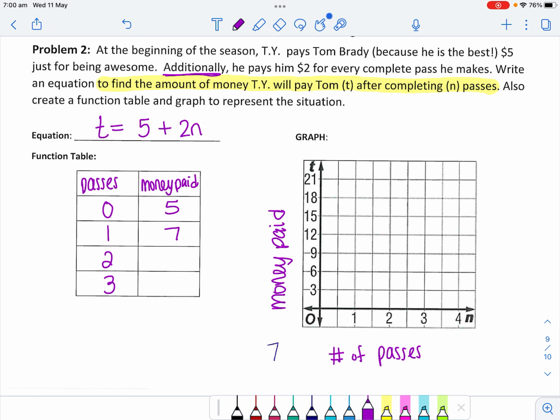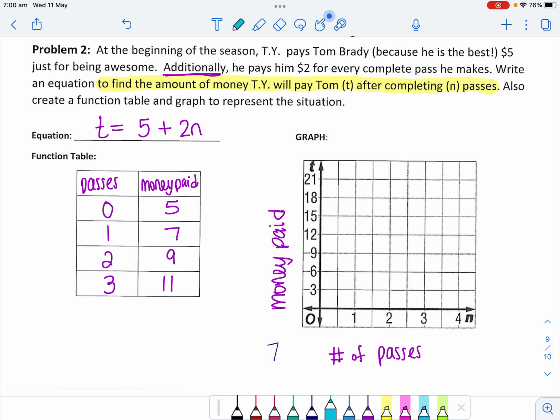If he completes 2 passes, he's going to make $5 plus $4 for his complete passes. And then for 3 passes, he's going to make $5 plus $6 for those completed passes. So we should have 5, 7, 9, 11 for our output values or our Y values.